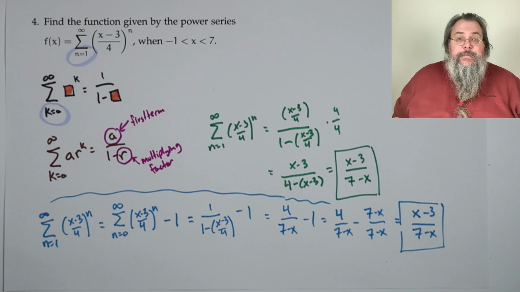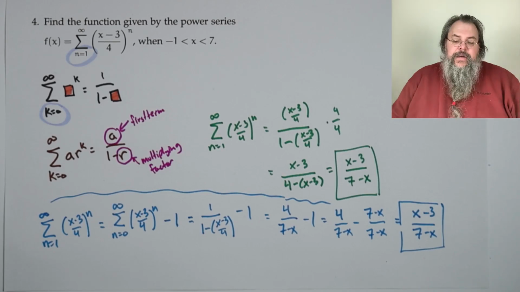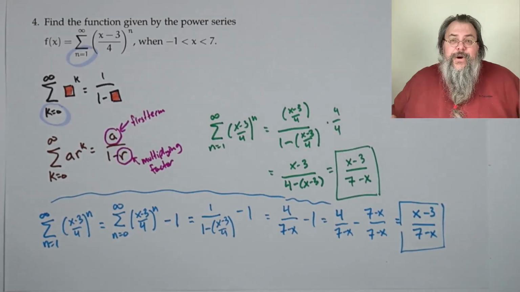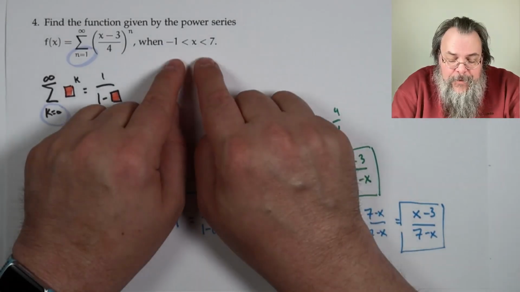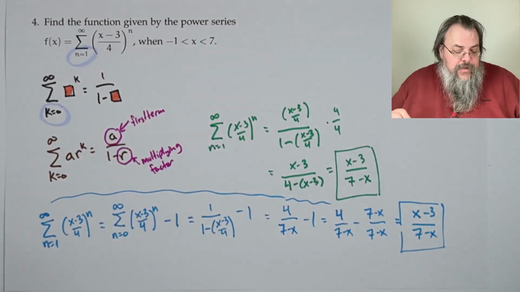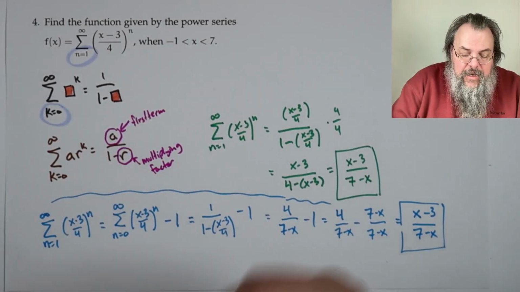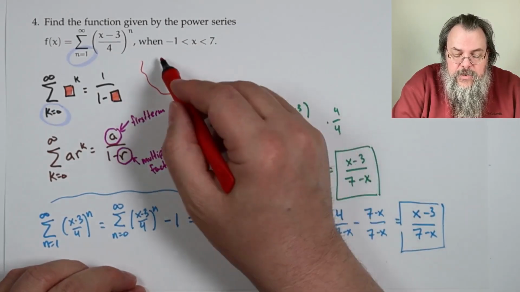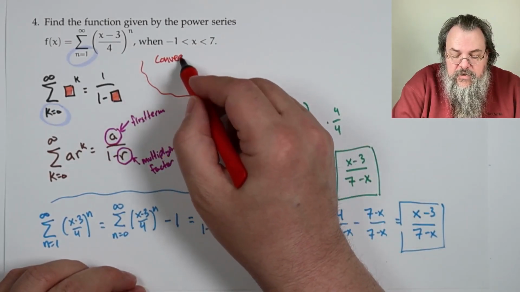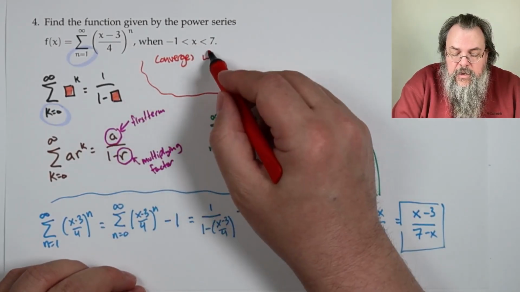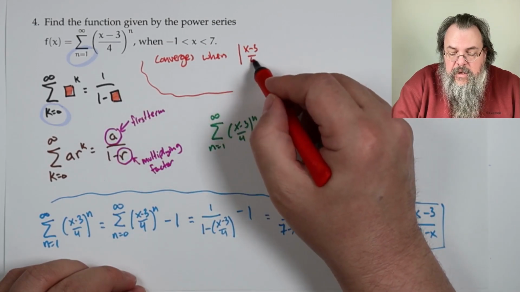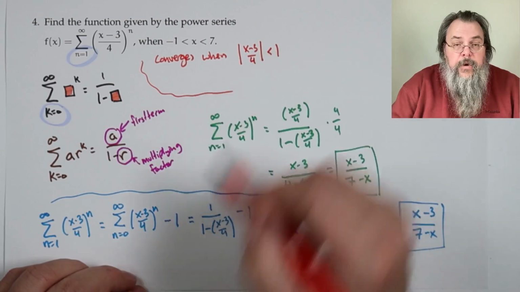Now, I was going to make a comment. Here's the comment. We didn't really use this because it wasn't really a part of the answer. And where does this come from? Well, if you say, hey, I have a geometric series, we have convergence when our multiplying factor, the absolute value of x minus 3 over 4, is smaller than 1.